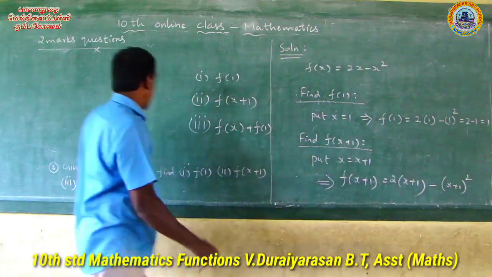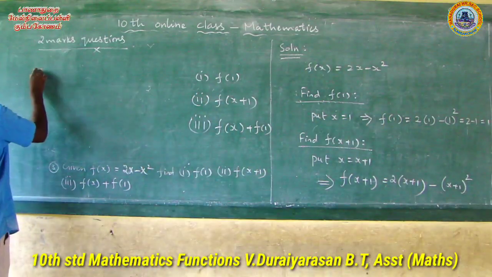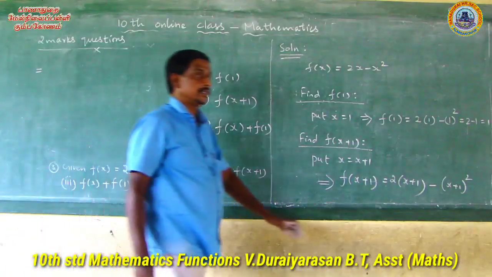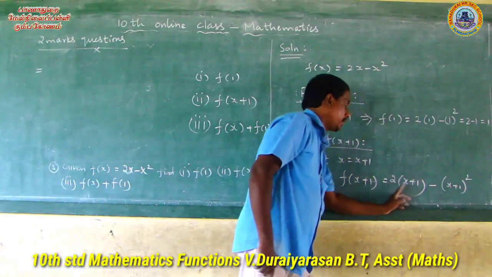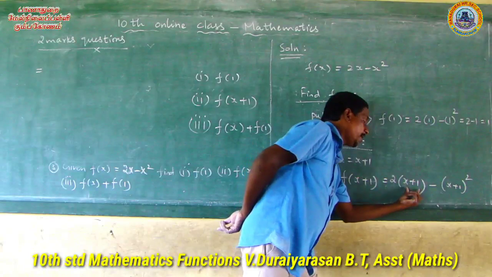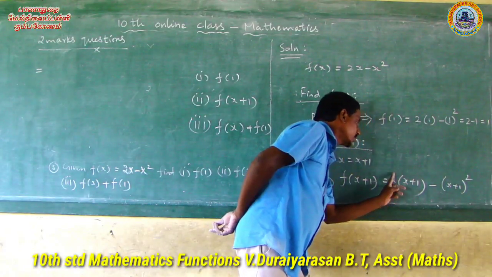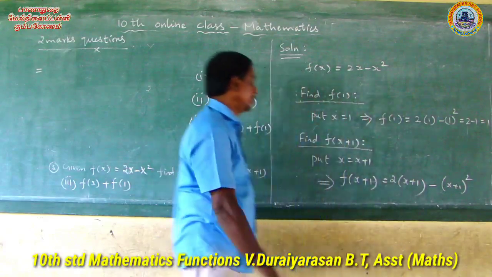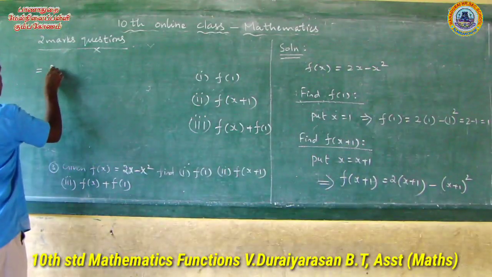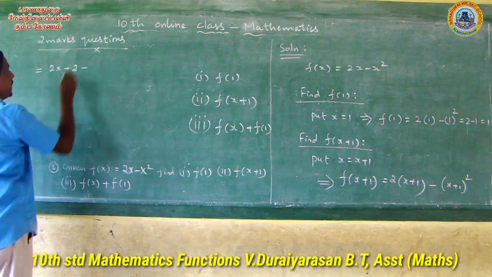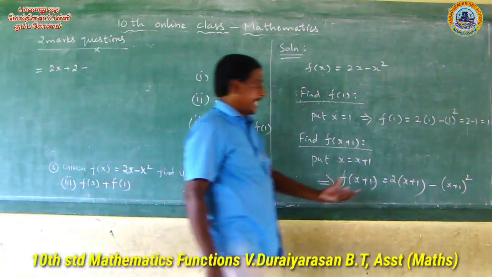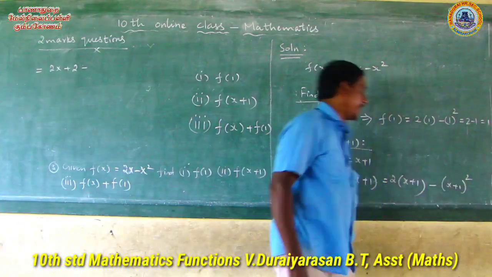Okay? Right? Is equal to 2 into x plus 1, multiplied in the parenthesis values. So 2 into x is 2x, 2 into 1 is 2, 2x plus 2 minus x plus 1 the whole square.